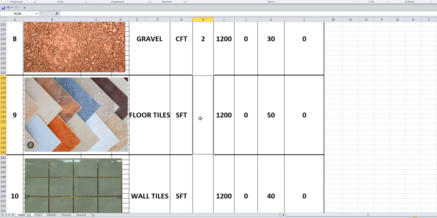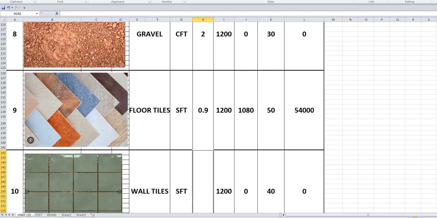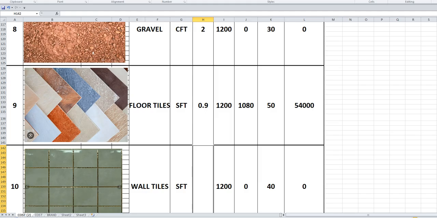Floor tiles. Of the total plinth area, about 20% will be the wall area roughly, so deducting that, plus the stair, I'm taking it as 0.9.